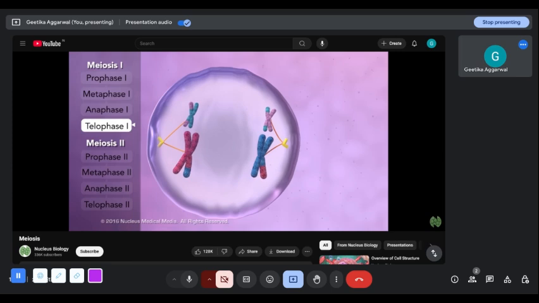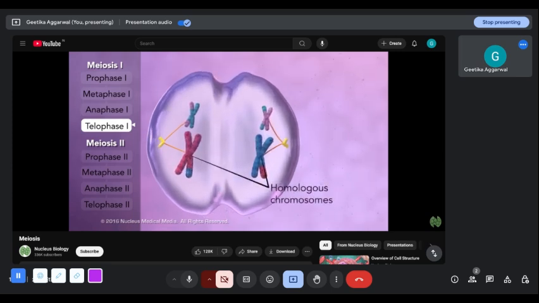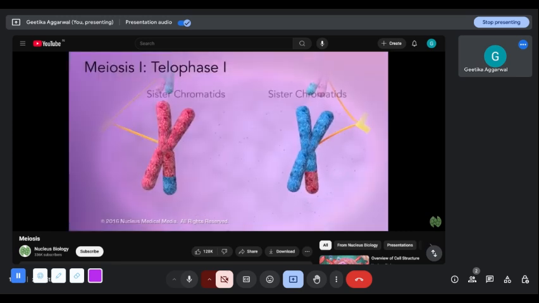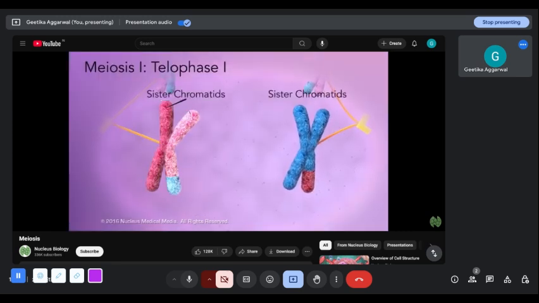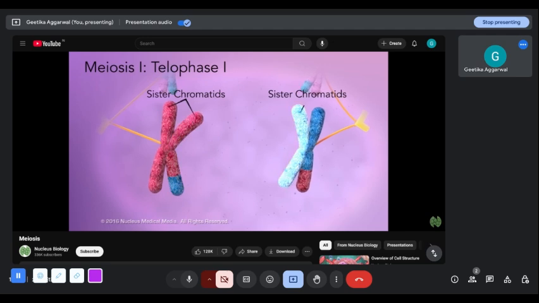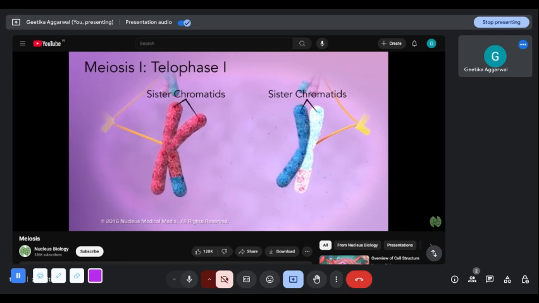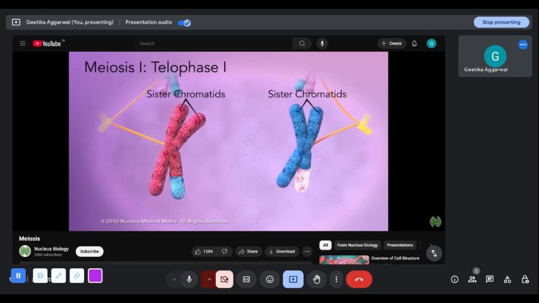The cell enters telophase 1 with one chromosome from each homologous pair at separate poles. However, each chromosome still consists of sister chromatids. Keep in mind that each chromosome's sister chromatids are no longer identical because of the allele exchange that happened during crossing over.